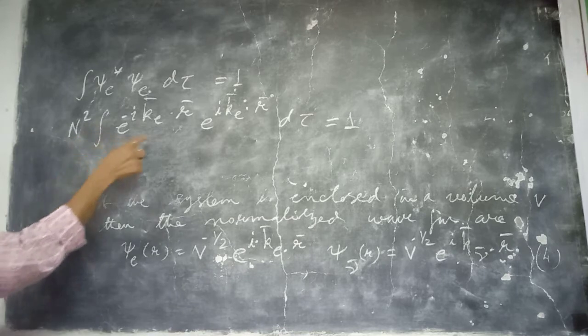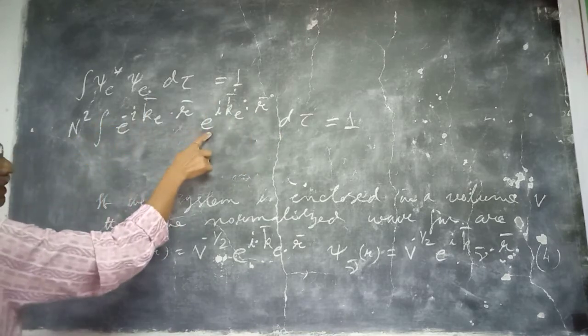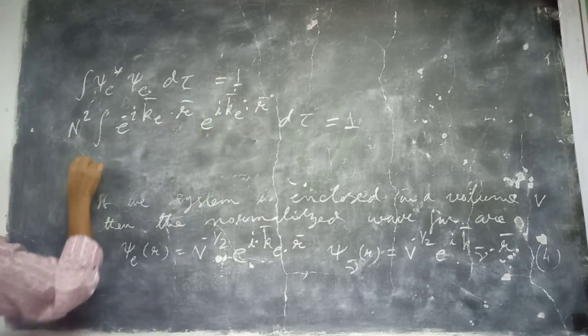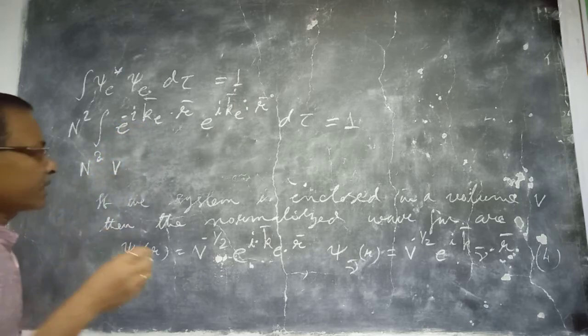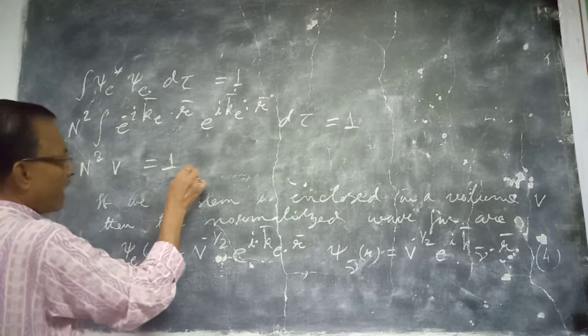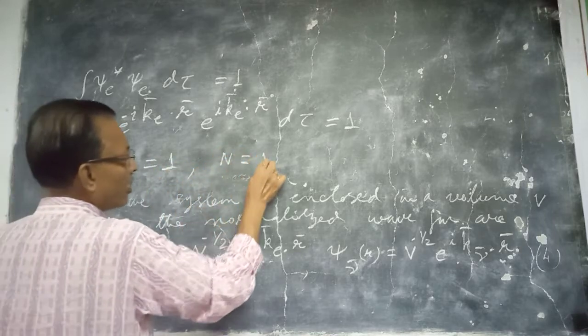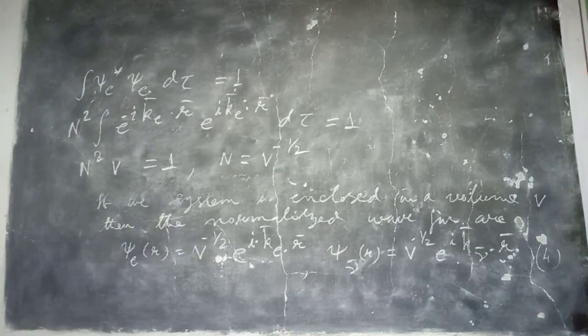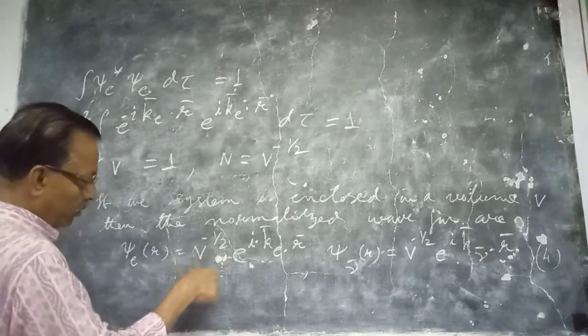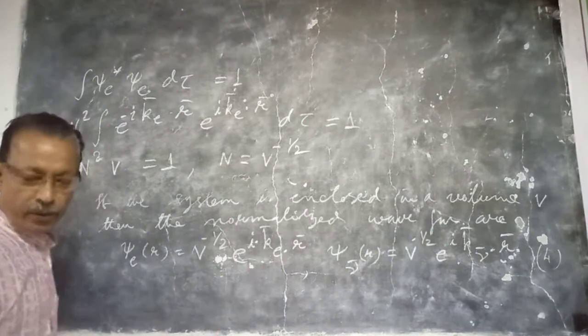This is the integration over the whole space, which gives N squared times V, where V is the volume over which the particles are enclosed, equal to 1. So N equals V to the power minus half, the normalization constant for the plane wave.